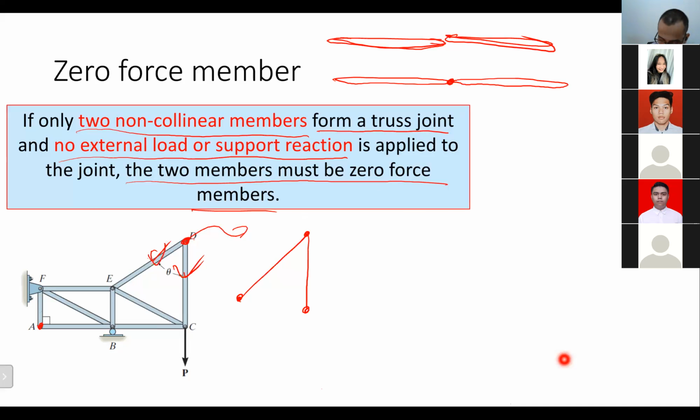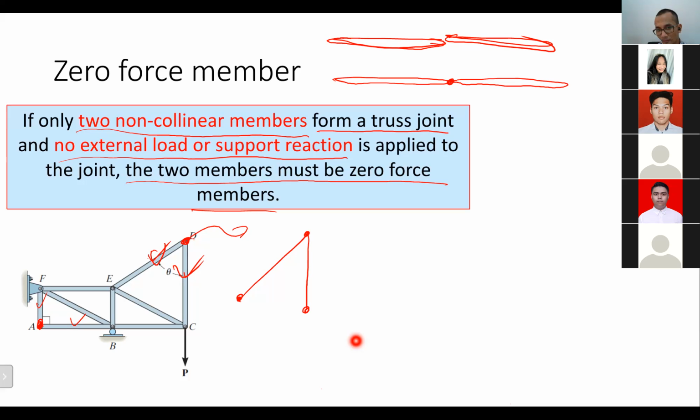The same at joint A. At joint A, there is member AF and member AB, and those two are non-collinear, and only those two are joining at joint A, right? So only two members join at one particular joint, and those two are non-collinear. That's one of the criteria of a zero force member.